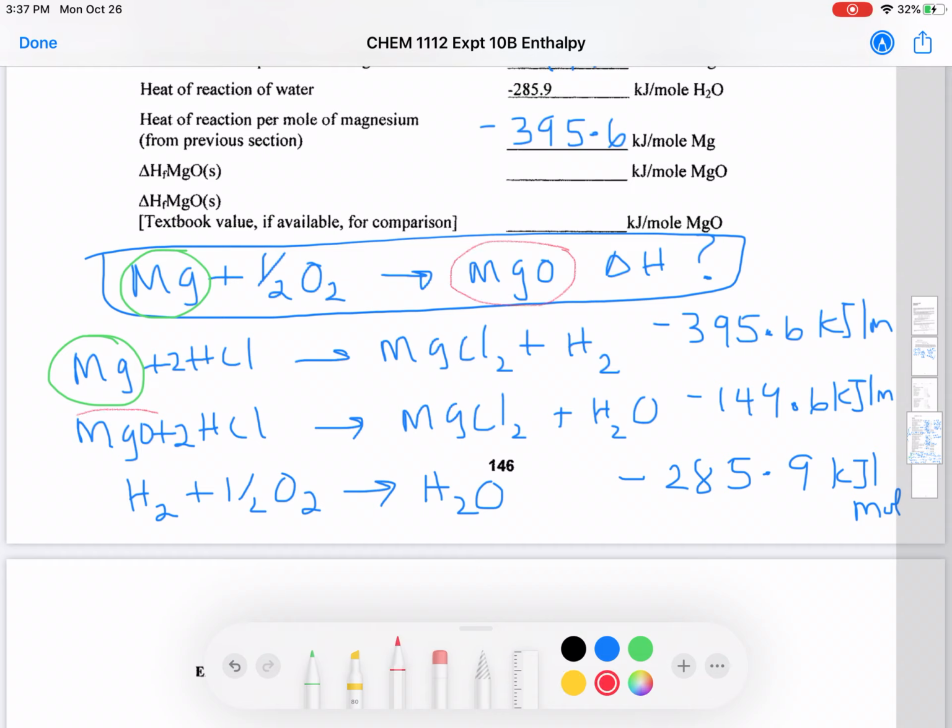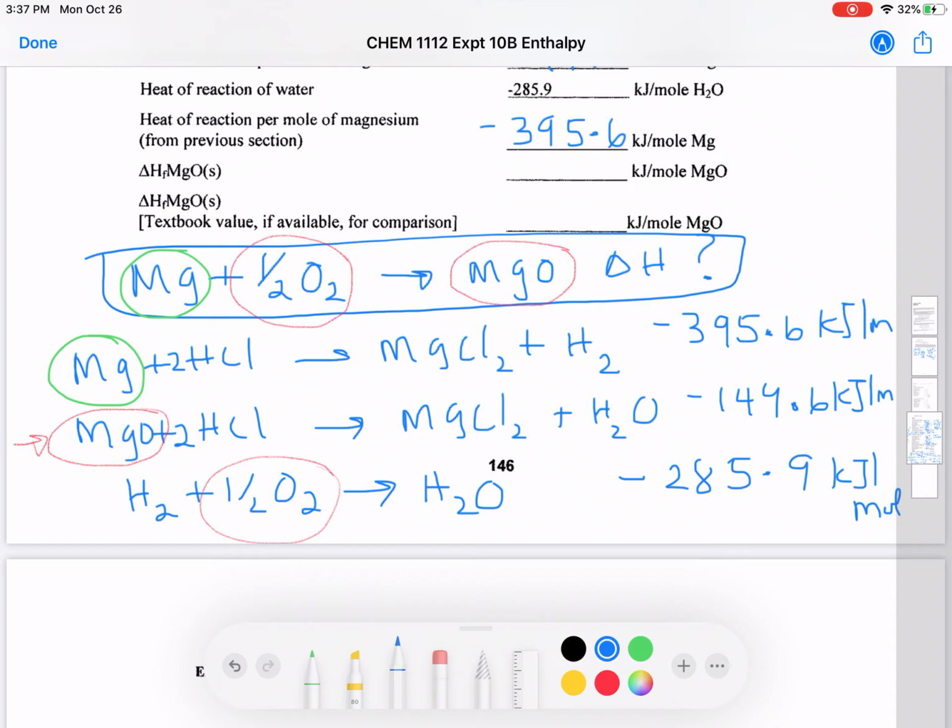But here magnesium oxide is in the left side. So what do we need to do? We need to reverse this reaction, right? And then the oxygen needs to be in the left side. So the water reaction, we can keep it. What we're going to do is we're going to reverse the second one.